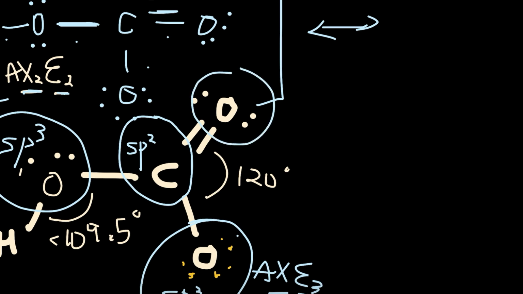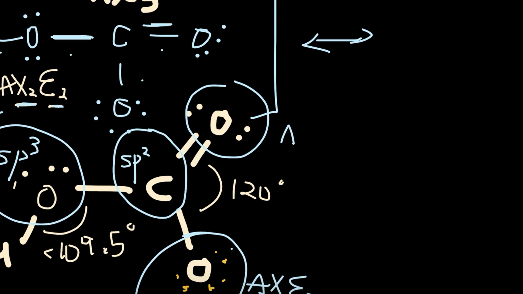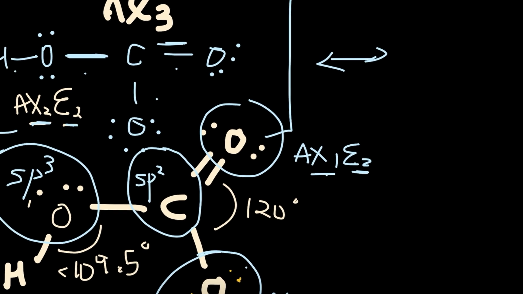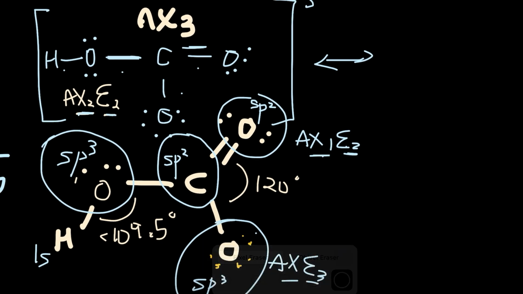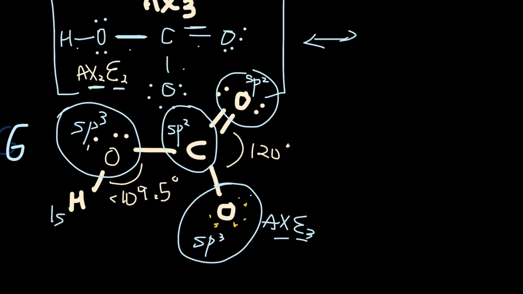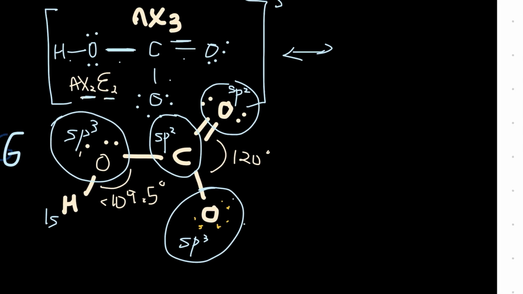And this oxygen, because it has a double bond, is a little different from the other oxygen. This one has AX1E2, so 3, we need 3 hybrid orbitals, sp2. 1 s plus 2 p, 1 plus 2, that's 3 hybrid orbitals. Now that we have their hybrid orbitals, we can finally determine their bonding scheme.